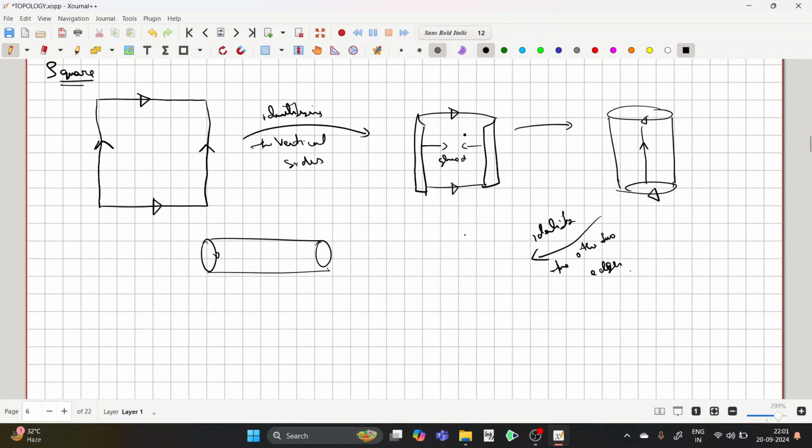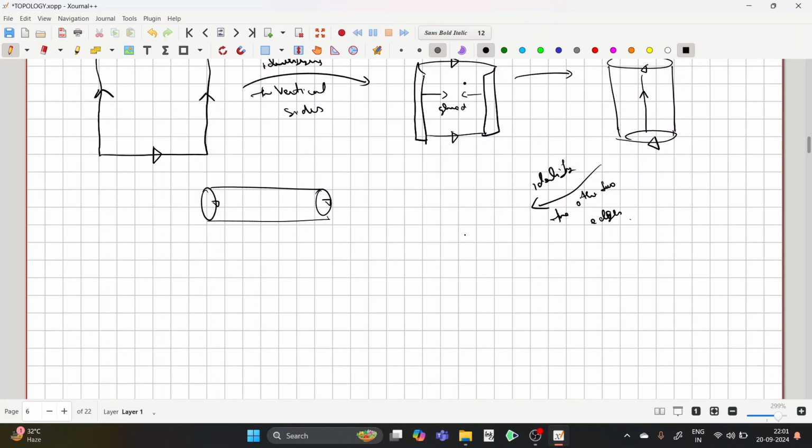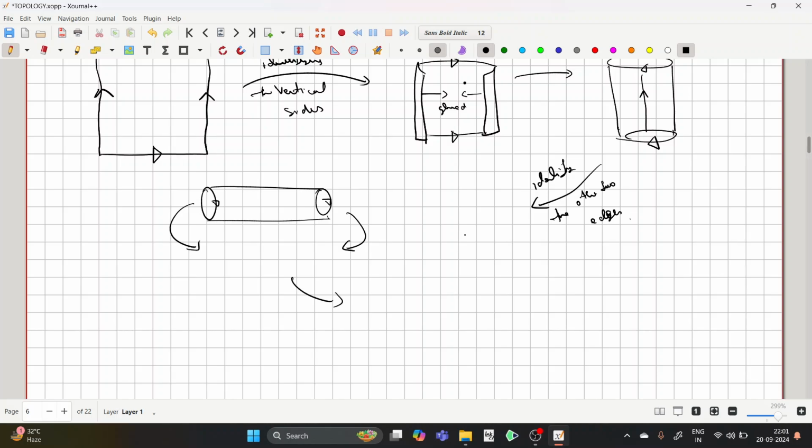Suppose I have it like this, both in the same direction, and then I roll it out in this way to get some sort of a structure like this. Extremely bad drawing. I'm so sorry for it.